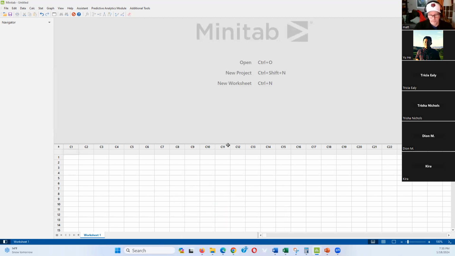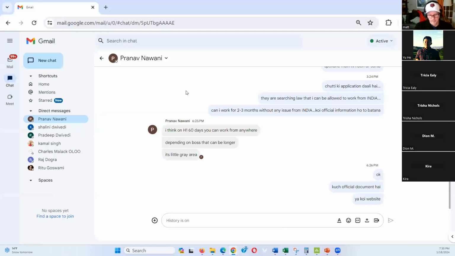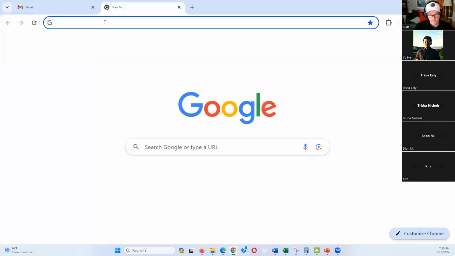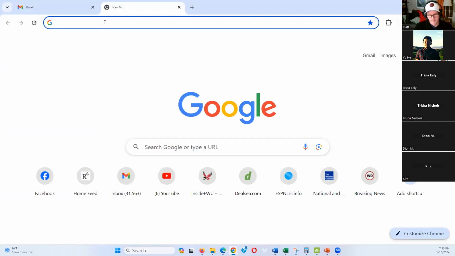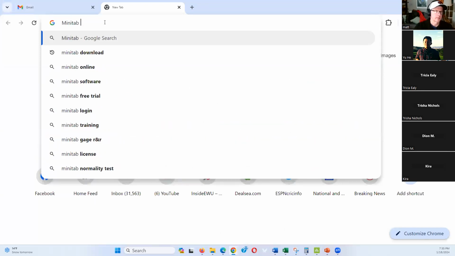But you can download exactly the same application on your computer. Oh, it doesn't work for me. I will share the link, so that you can download.